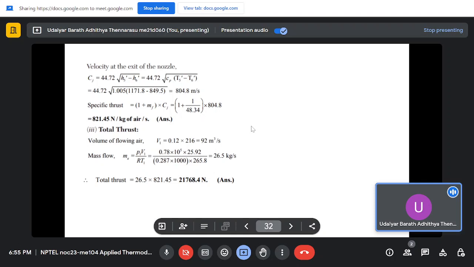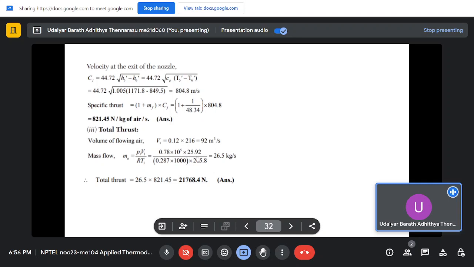From this we can calculate the mass flow rate. Mass flow rate is volume into density. Density is P by RT, so using the ideal gas equation, ma is P1 V1 by RT1. P1 is 0.78 bar, the inlet pressure, into 10 power 5, converting it to Newton per meter square. Sorry, 216 into 0.12 will give 25.92. That was a mistake; the volume flow rate is 25.92.